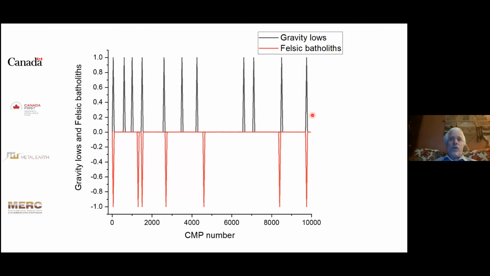We expect that felsic batholiths will have a gravity low, and you can see indeed that very often there are felsic batholiths associated with gravity lows, sometimes displaced by a little, as you can see here. But there are also gravity lows that don't have any associated batholiths. Those gravity lows might be associated with other geological features like felsic metasediments, for example, or successor basins.